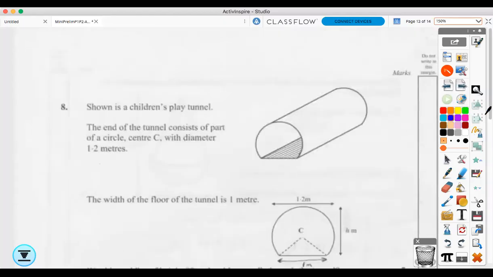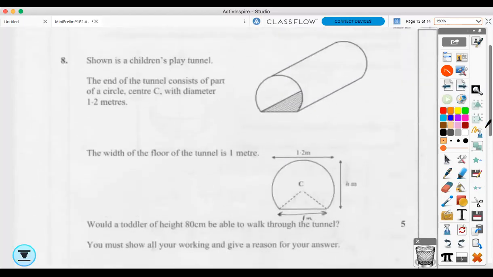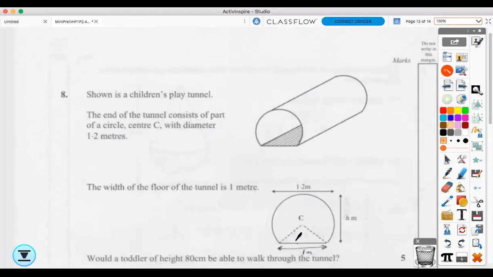So I've got question 8. Yeah, so how do we do 8? Again, a wee problem to solve. What I've been told is the width of a tunnel is 1 meter. So you needed to find the width. The width is this here, 1 meter, but the diameter is 1.2 meter.